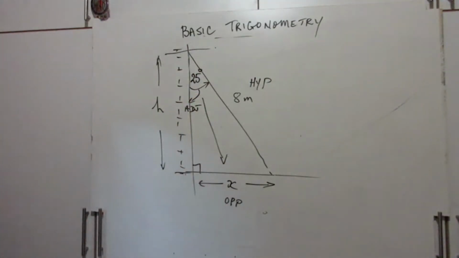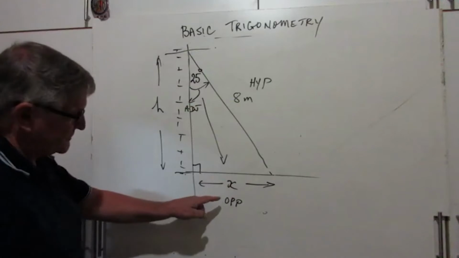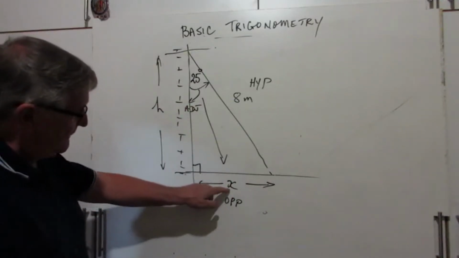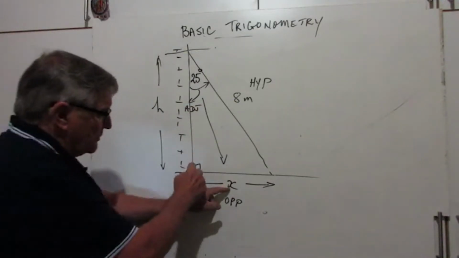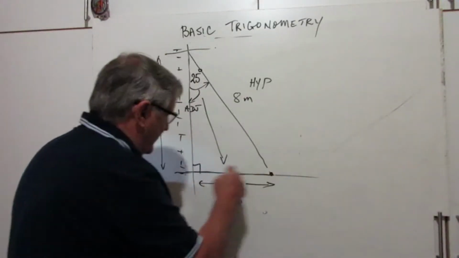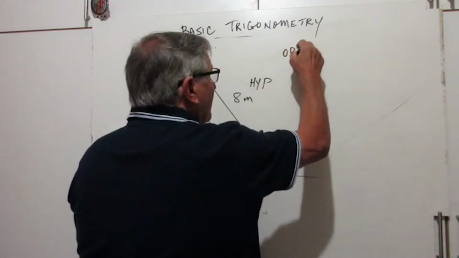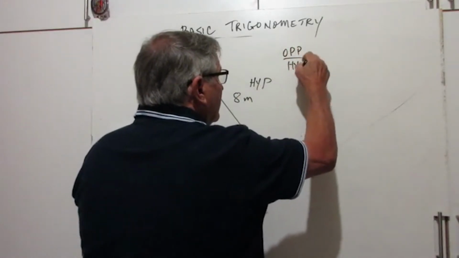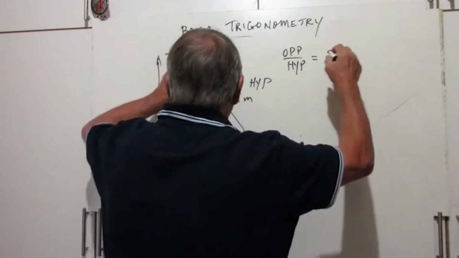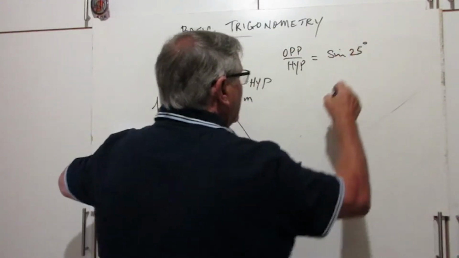Okay, so if I want to find, let me see first, what do we do? We'll do the horizontal distance of the foot of the ladder from the base of the wall. Opposite over hypotenuse we know is the sine of angle 25 degrees.